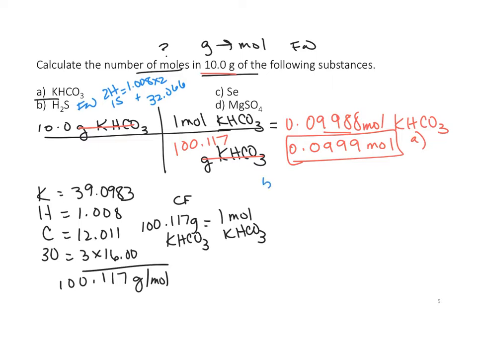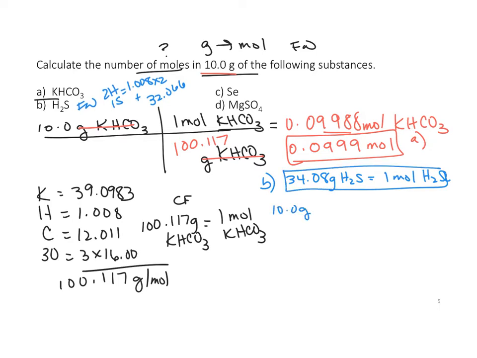So the formula weight for B is 34.08 grams of H2S equals 1 mole of H2S. That's our conversion factor. So we take 10.0 grams H2S, and we have 34.08 grams H2S and 1 mole of H2S.